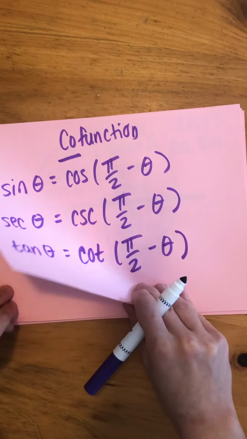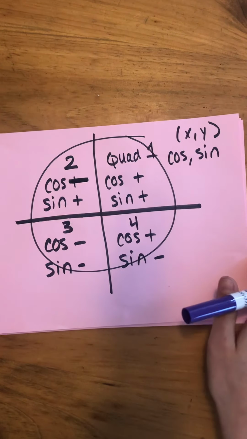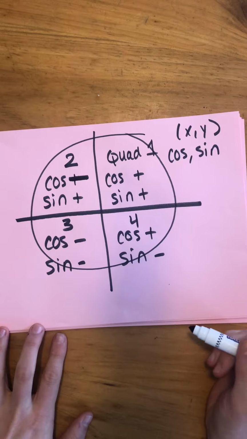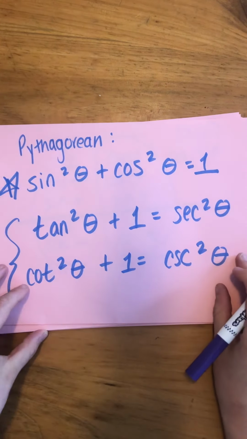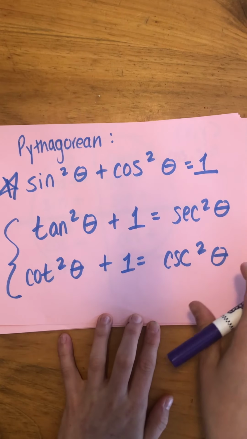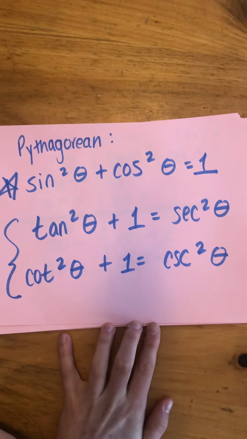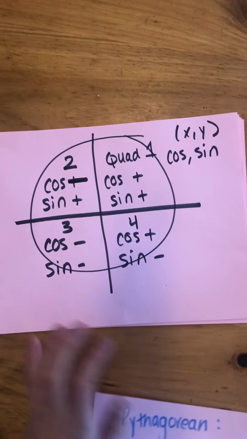Now, talking to you guys, one of the things that I noticed that was tripping us up were the signs for the Pythagorean identities. So again, when you were looking at the Pythagorean identities, you ended up getting a square root answer, and then you could have either a positive or negative, and that all depended on where you were in the unit circle.